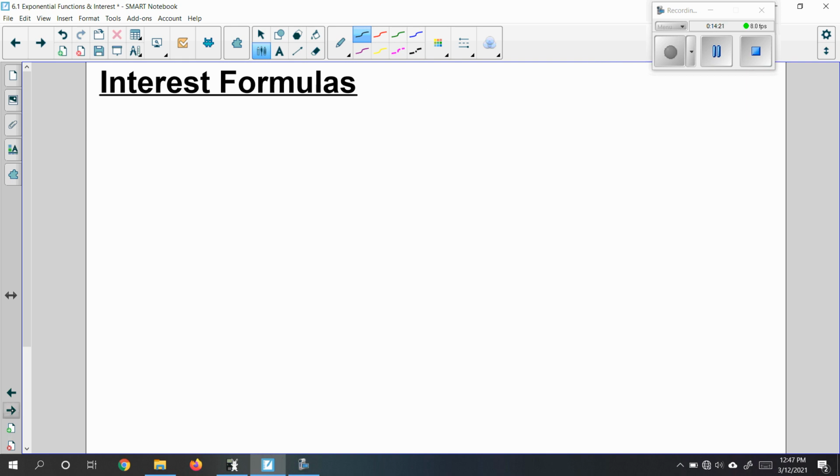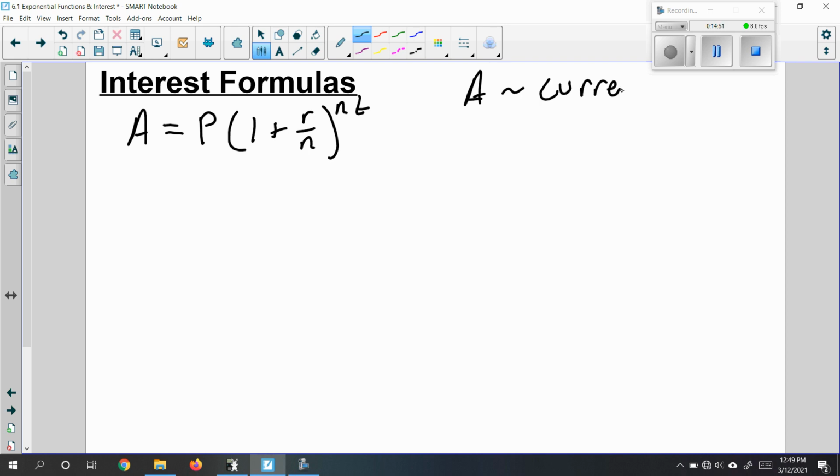Now let's take a look at some interest formulas. The most commonly used interest formula is A equals P times 1 plus R over N to the power N times T. All right, let's unpack this formula. A, in this case, capital A, that represents the current value.